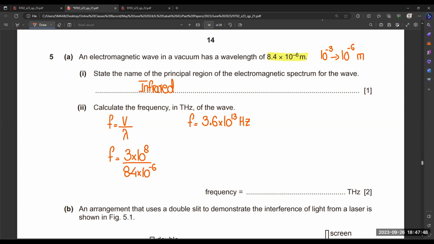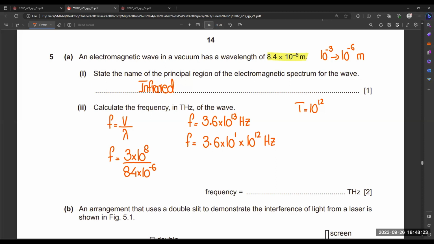And basically, if you want to convert into terahertz, what will be your prefix? Actually that prefix will be equal to 10 to the power 12, and you are getting 10 to the power 13. So if you just split it into two parts, this will be your frequency.